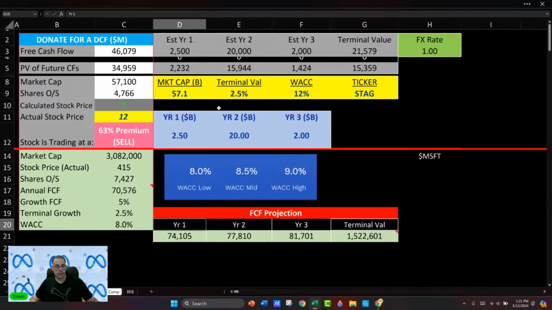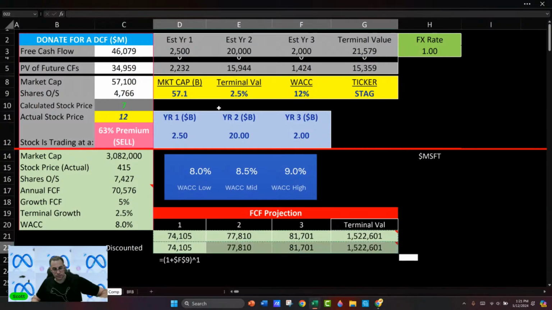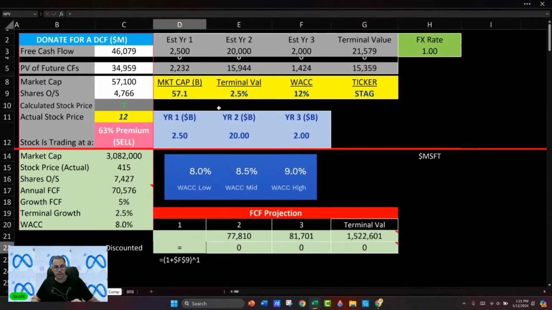I'm just going to put numbers here so I can use that formula. I'll show you the formula as I'm writing it. So the formula to discount: I'm assuming 1 year from now, Microsoft's free cash flow will be 74 billion.